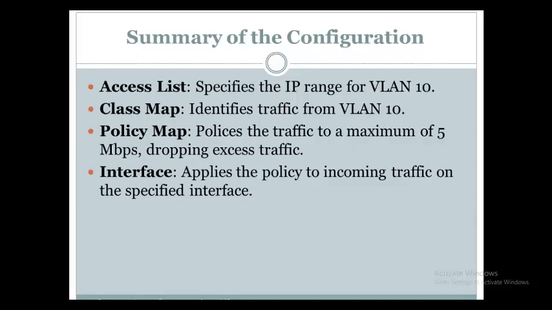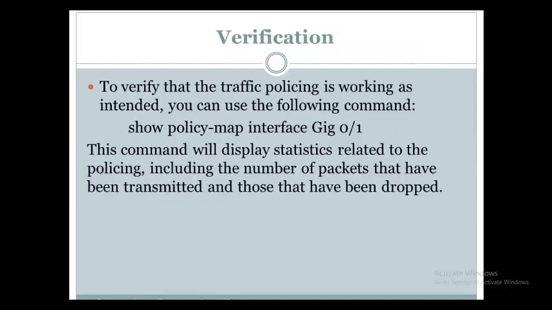If you type this command, show policy interface geek01, it will show you how many packets were using this policy. And if any excess would have come, it will show you how many packets got dropped. How many was sent, how many were dropped.